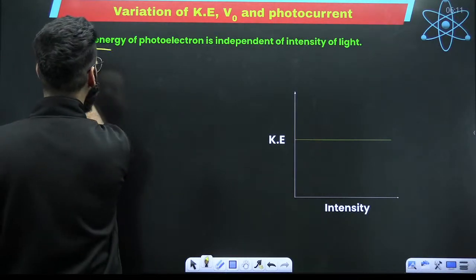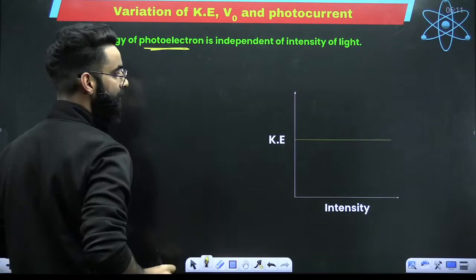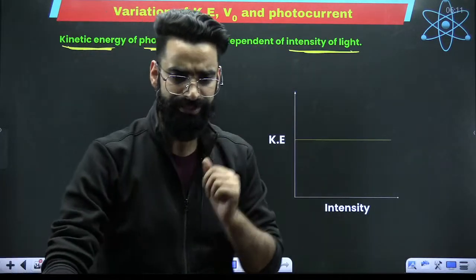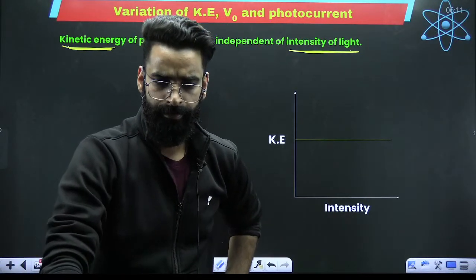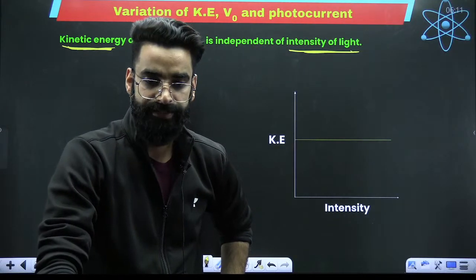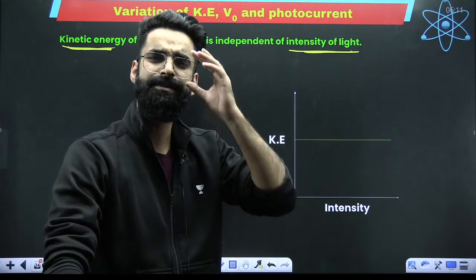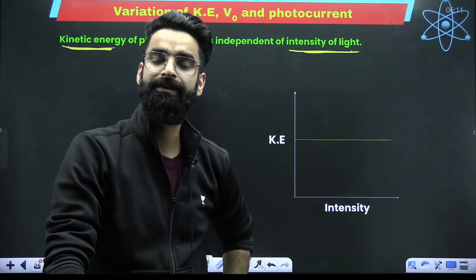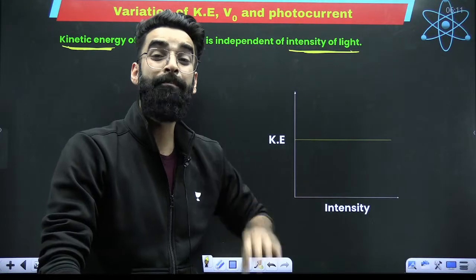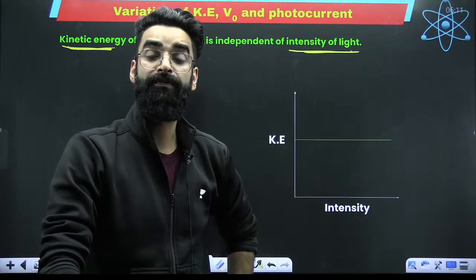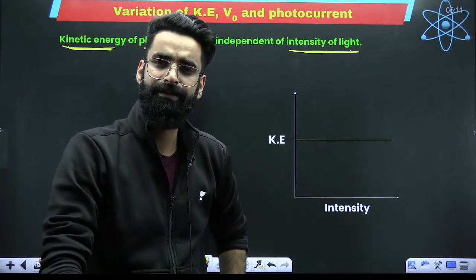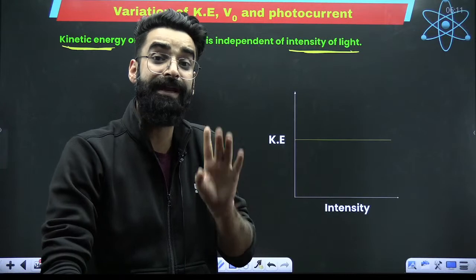Now, what happens to the kinetic energy of photoelectrons upon changing the intensity of the light? Imagine you're increasing the intensity of the light. My dear students, when you increase the intensity of the light, that means the number of photons emitted is increasing.